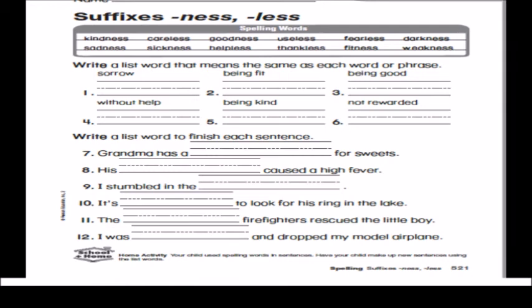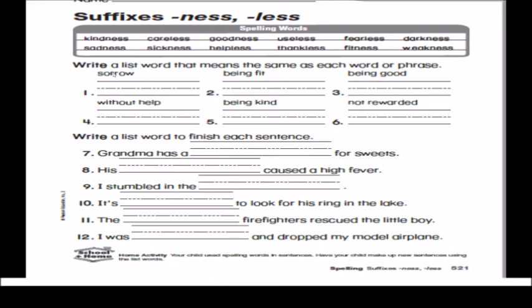Now please open your notebooks page 521. Suffixes ness and less. The first words here are kindness, careless, goodness, useless, fearless, darkness, sadness, sickness, helpless, thankless, fitness, weakness.